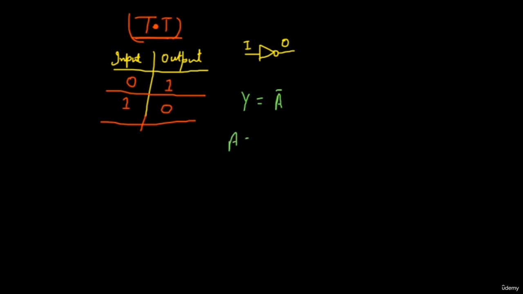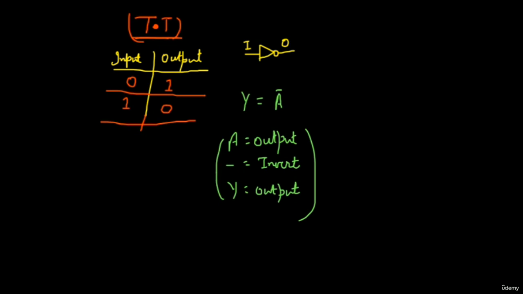A is input, bar means change or invert, I am writing invert, and Y is output. Well, this is the way of writing it. So I'm telling you the mathematical part alongside. If you remember, we have already studied that in previous sections also, but I'm mentioning it again just for the sake of revision. Okay, now we are ready to learn about the AND gate.